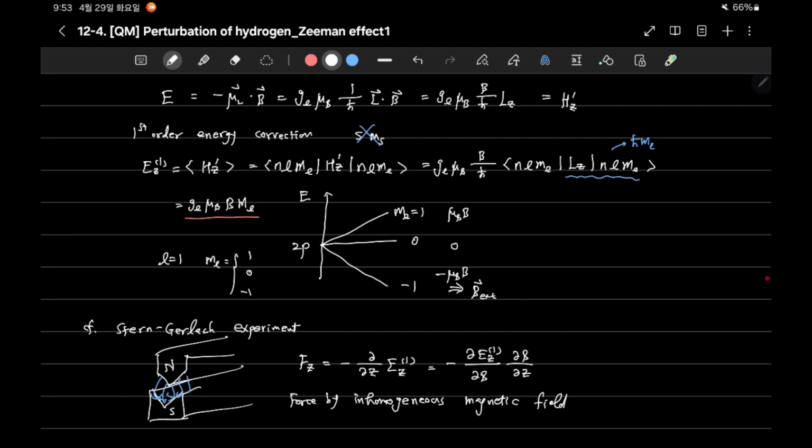So the derivative of E_Z gives g_L mu_B m_l, and in most cases g_L is 1, so minus mu_B m_l times partial B partial z. This kind of magnetic field gradient can make a force acting on the electron.